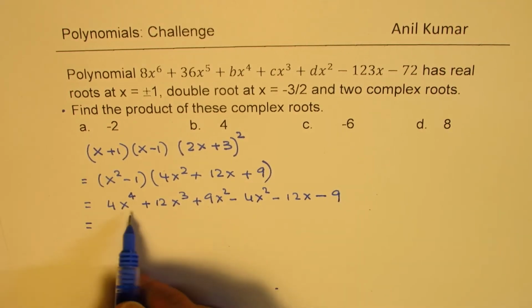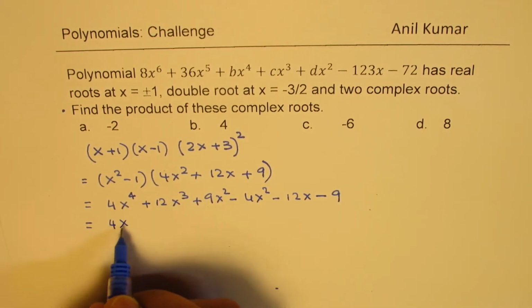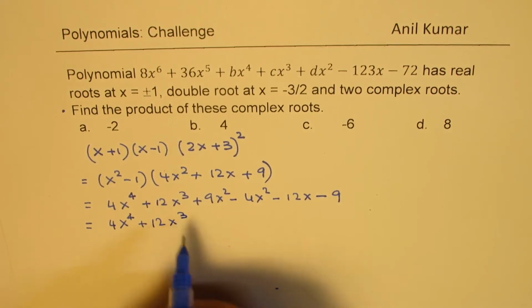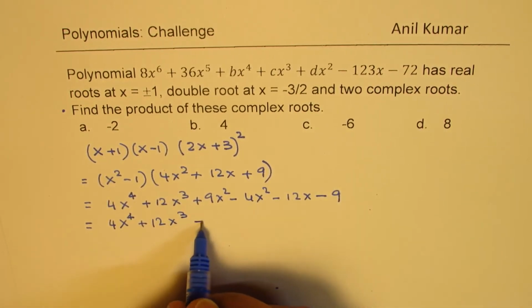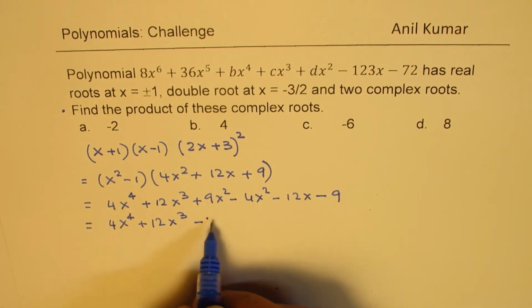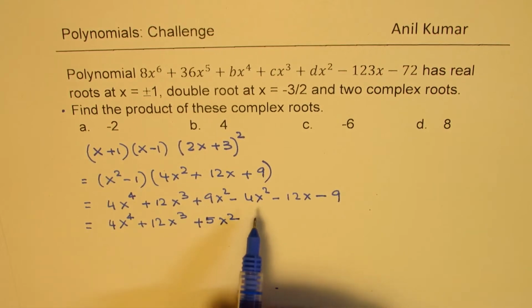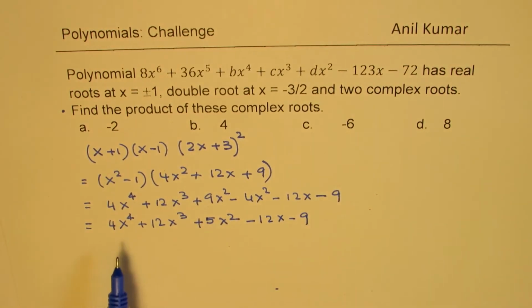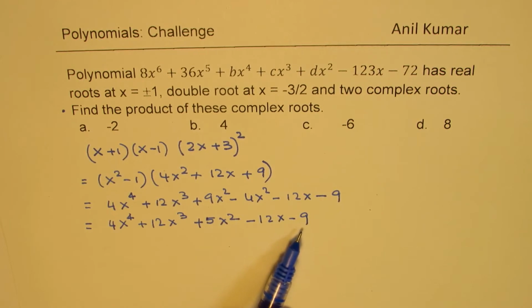Combining these terms, we get 4x^4 + 12x^3 + 5x^2 - 12x - 9. So you notice that the leading coefficient is 4 and the constant is -9, right?